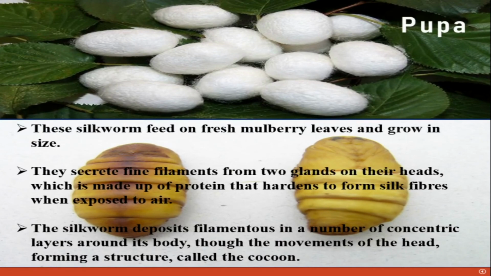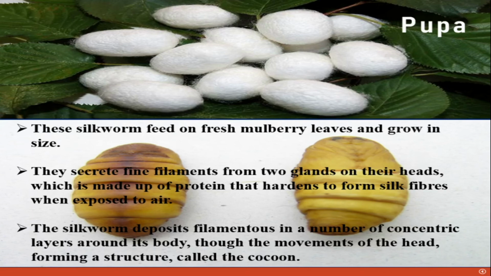Then the pupa. What is the next stage of the larva? The pupa, the third stage. Silkworms feed on mulberry leaves and grow big. They also secrete fine filaments from two glands present in the head, made of protein that hardens to form silk fibers when exposed to air.